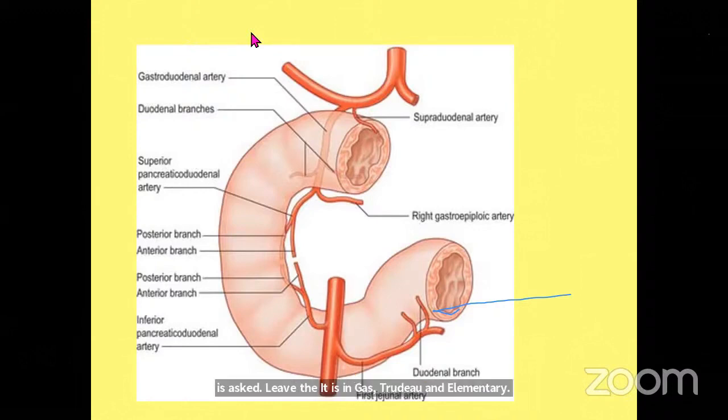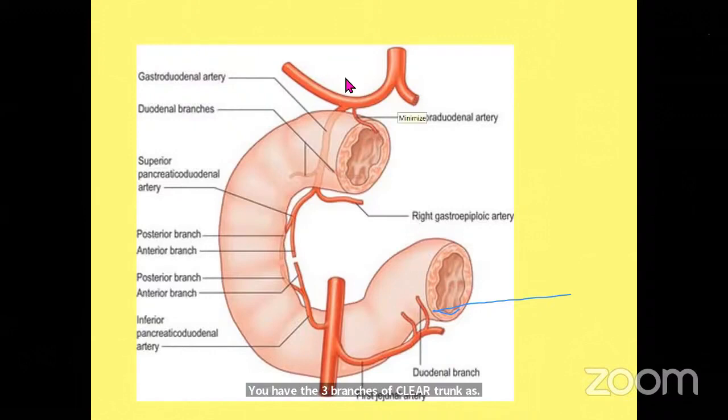So gastroduodenal artery is a branch of, can someone say? Is it a direct branch of celiac trunk or an indirect branch? It is not actually a direct branch, because which are the three direct branches of celiac trunk? Left gastric artery.